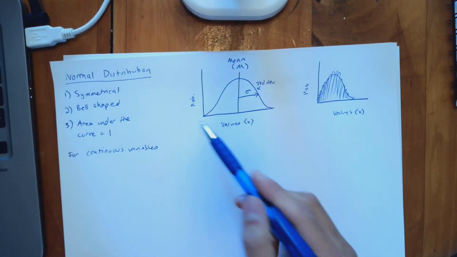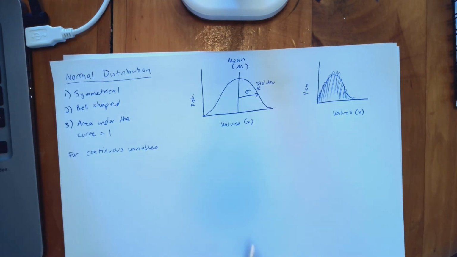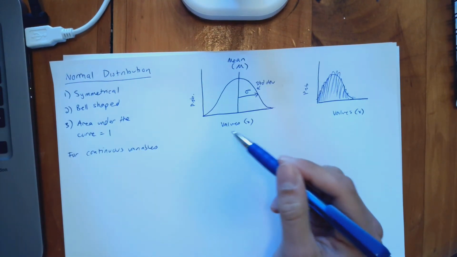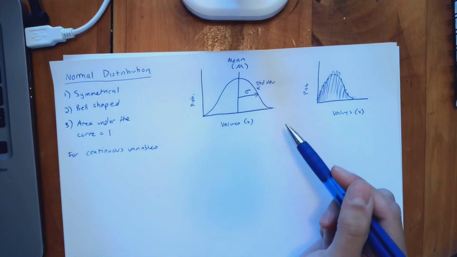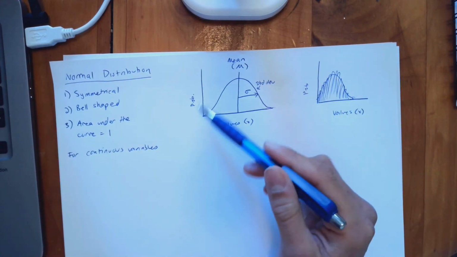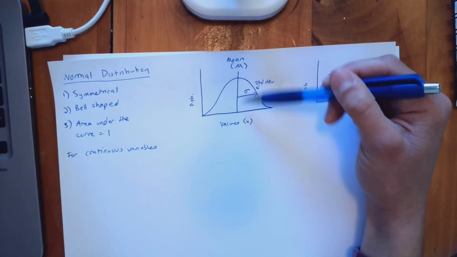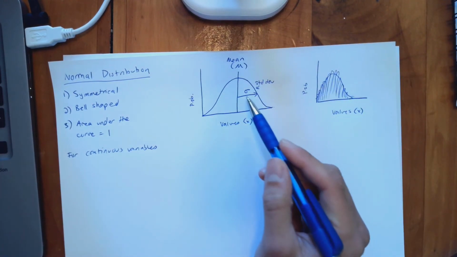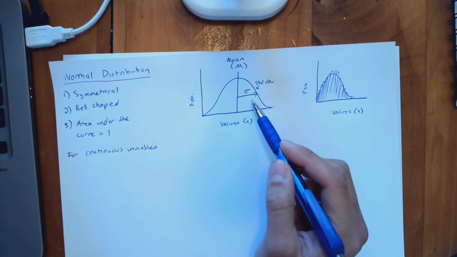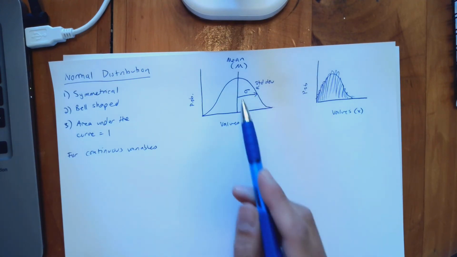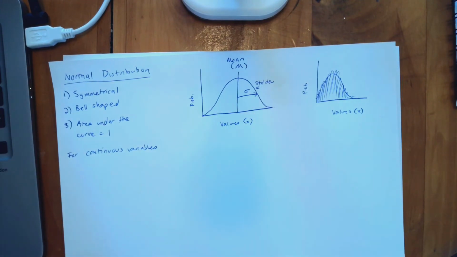So get familiar with this little chart here. This is going to be how I draw up normal distributions as we go on. So we have our bell-shaped curve. It's symmetrical. The middle of the curve is where the mean is, and then the standard deviation tells you how far spread out the curve is.